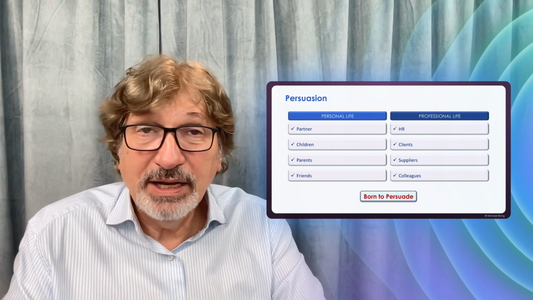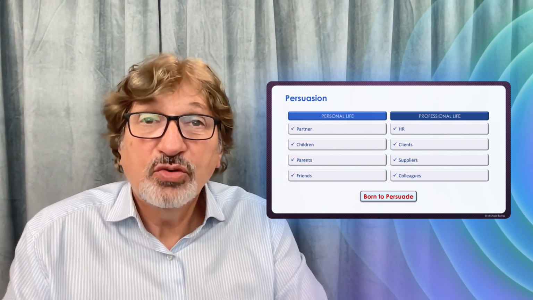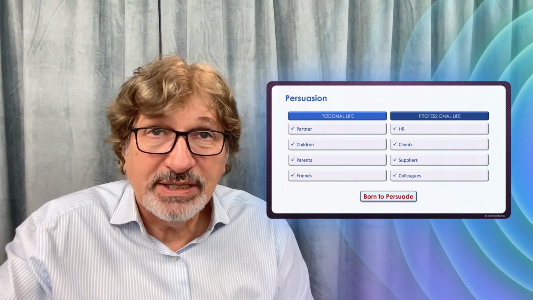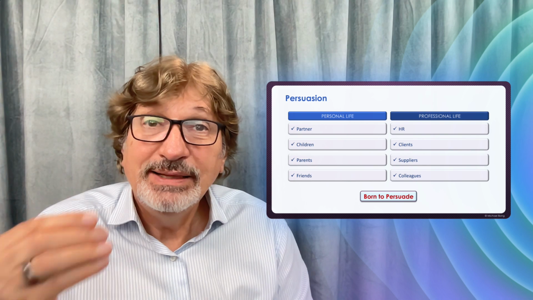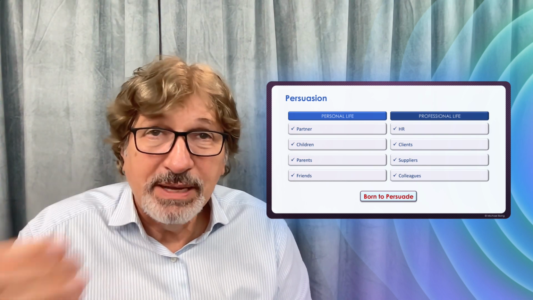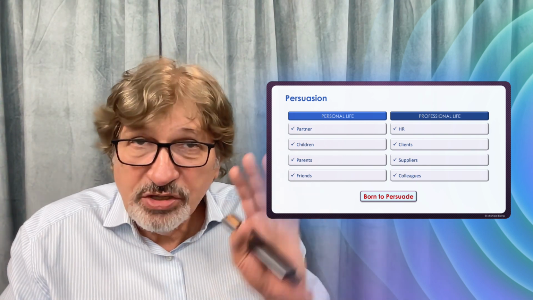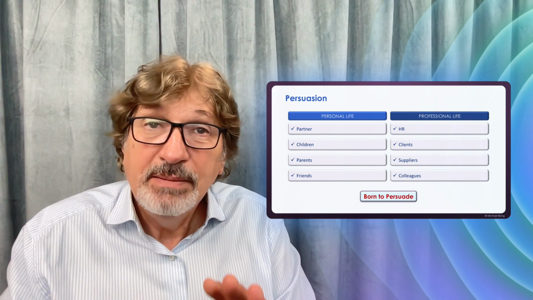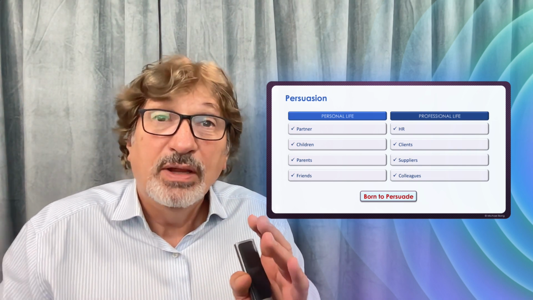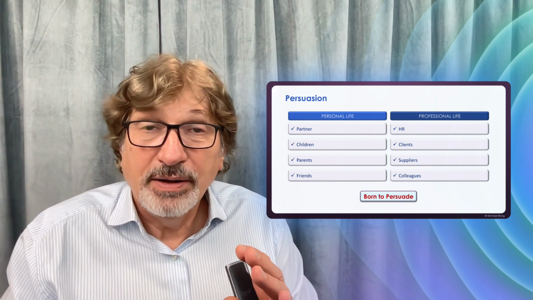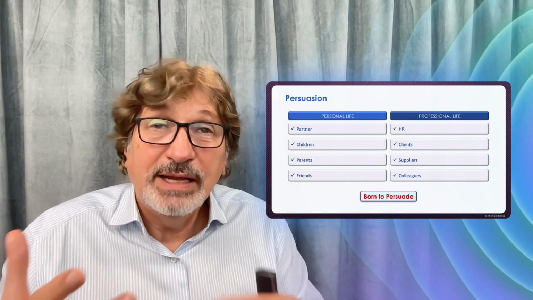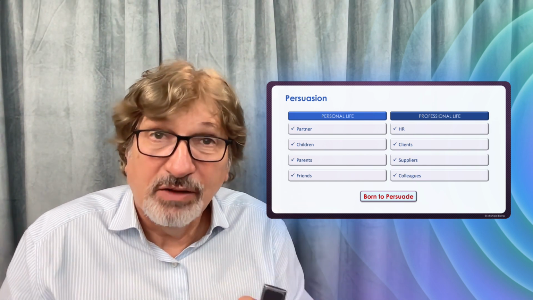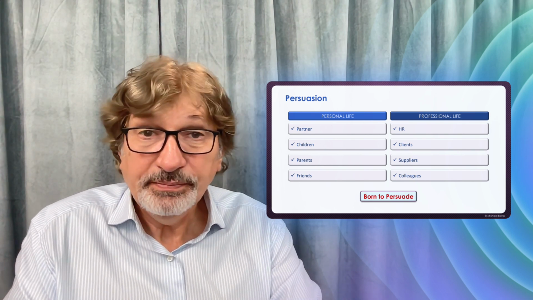So if you look at it in this way, the best way to have long-term success, remember this marathon mindset, is to persuade people. So not forcing people to do something because they will resist it and they will protest later on, but persuade them. Find the reasons why they should do it so that they themselves want to do it.